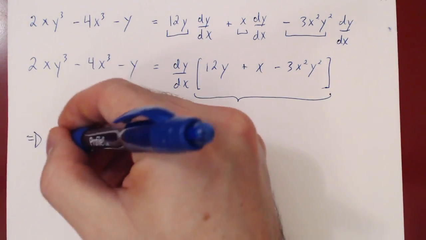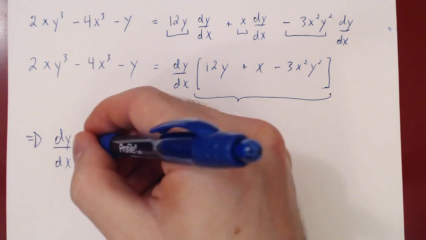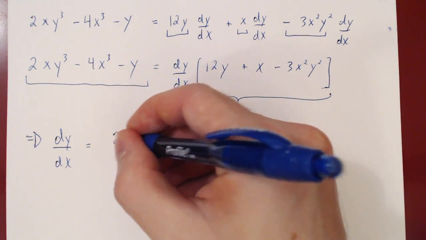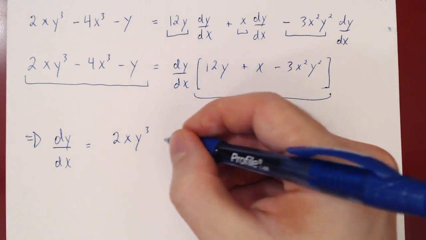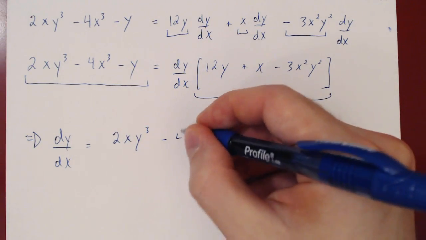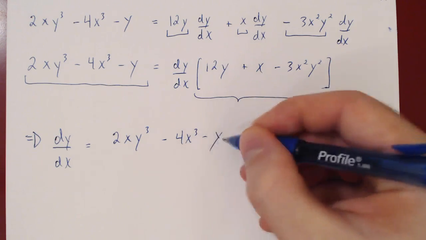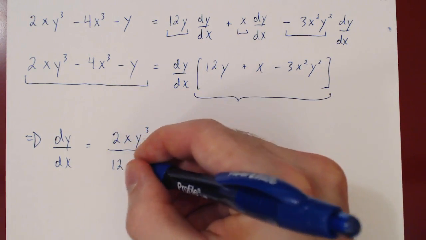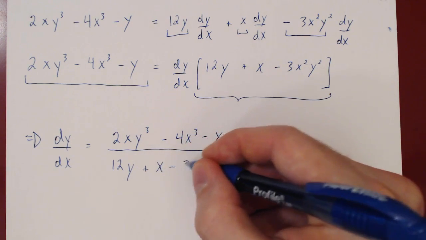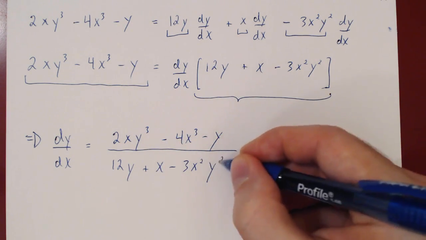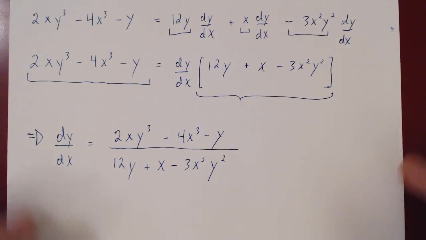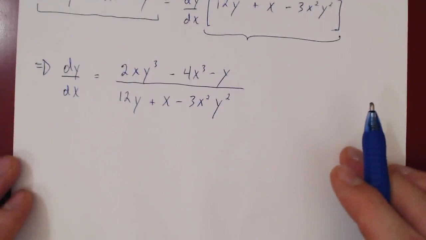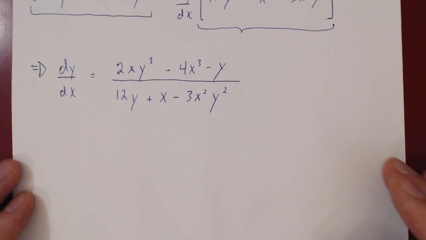So the derivative of this curve is simply this function of x and y, so 2xy cubed minus 4x cubed minus y all over 12y plus x minus 3x squared y squared. And there you have it. The derivative of the curve happens to be this rational function of x and y.